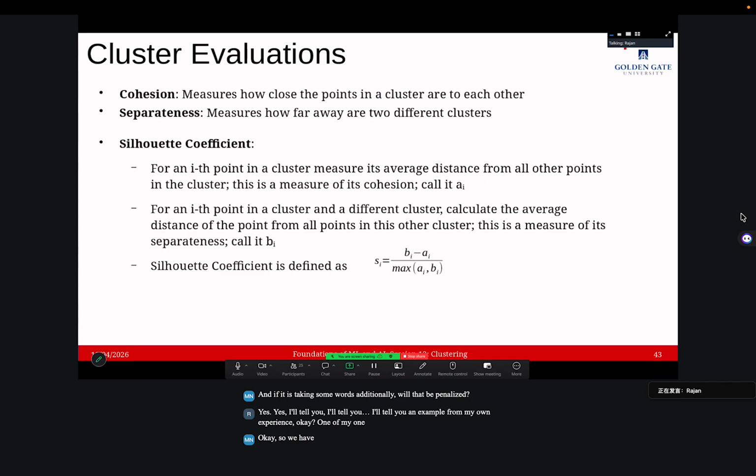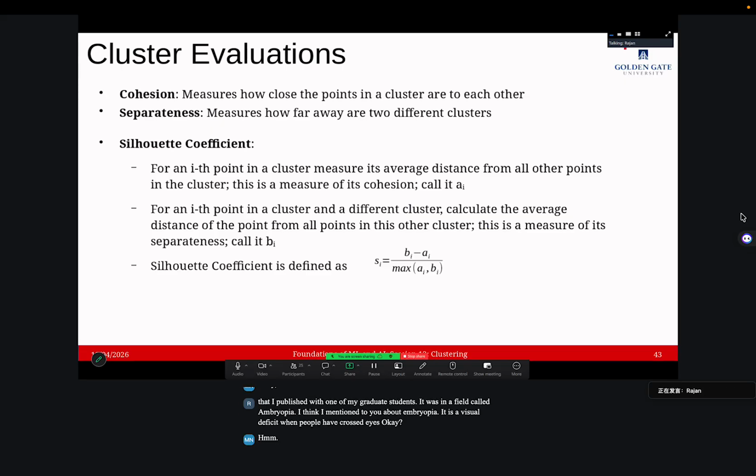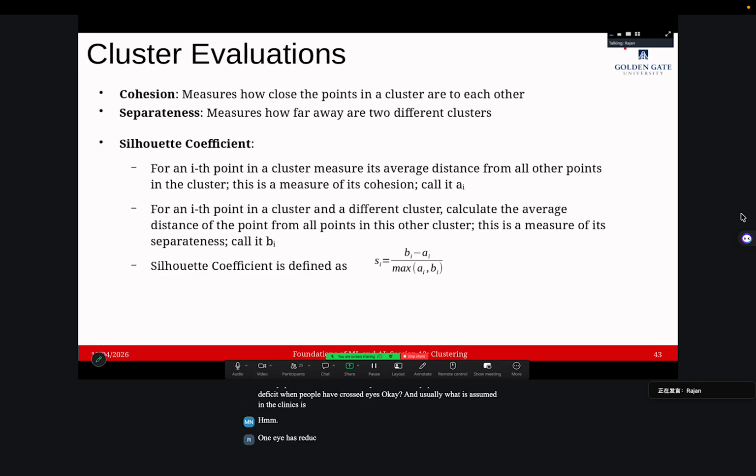One publication that I'm very, very proud of, I published with one of my graduate students. It was in a field called amblyopia. I think I mentioned to you about amblyopia. It is a visual deficit when people have crossed eyes. Usually what is assumed in the clinics is one eye has reduced vision, the other eye has normal vision.